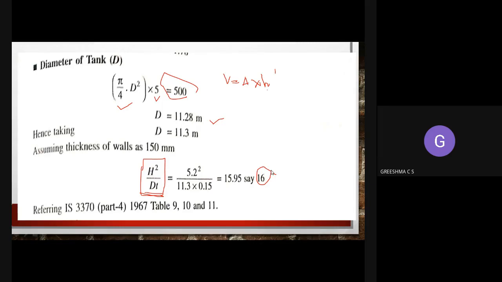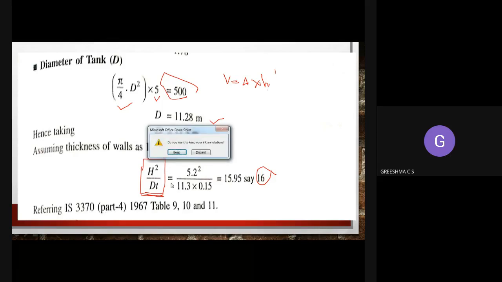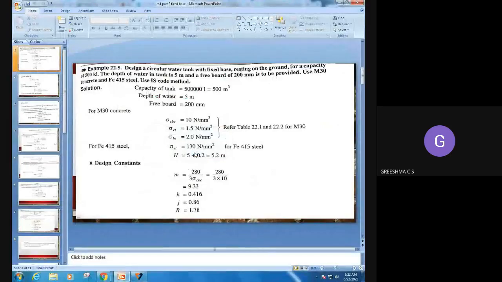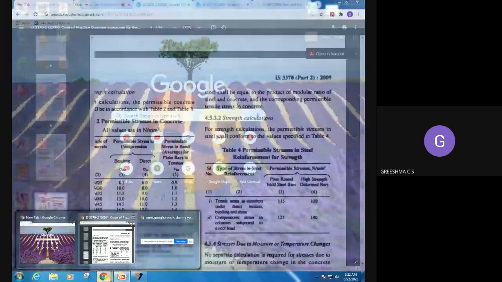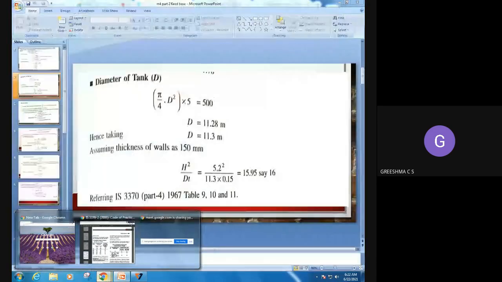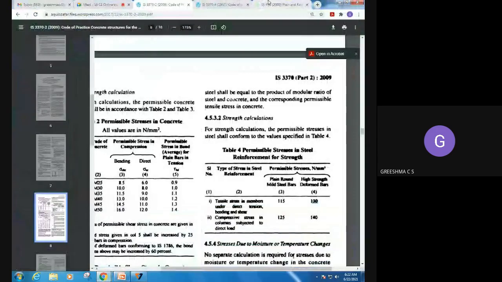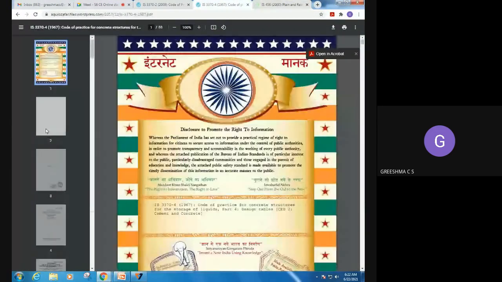Please remember, till now we were studying part 2, but for this problem you are using IS 3370 part 4.